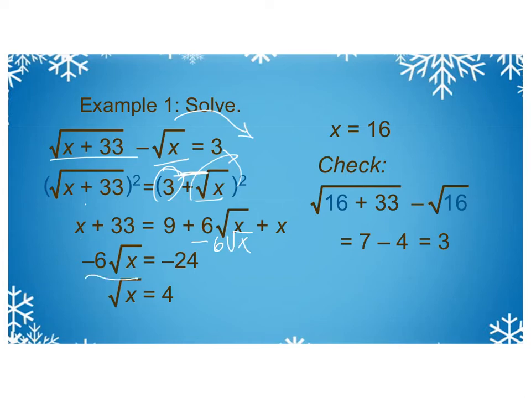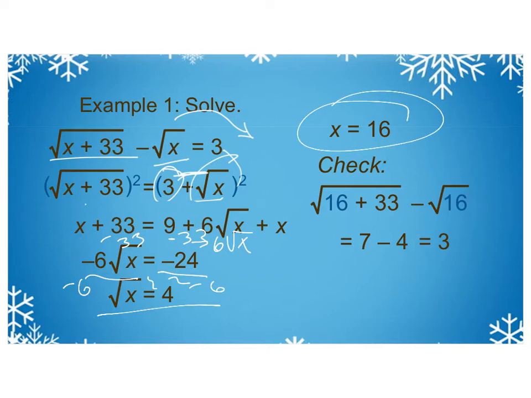And I'm going to subtract the 33 to get all the constants on the right-hand side. So that's how I got a negative 6 root x and a negative 24. So if I divide both sides by negative 6, I have root x equals 4. So if root x is 4, I square both sides and I get x is 16.